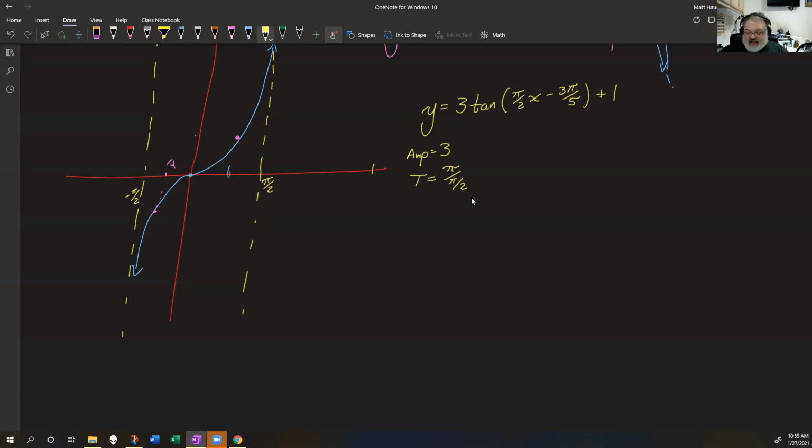So instead of doing 2 pi divided by b, we're going to be doing pi divided by b. But if you thought of it as our natural period divided by the compression factor, we're still doing the same thing, just with a different natural period. That seem reasonable? And it certainly is something to be careful of. But that's going to make our period 2.